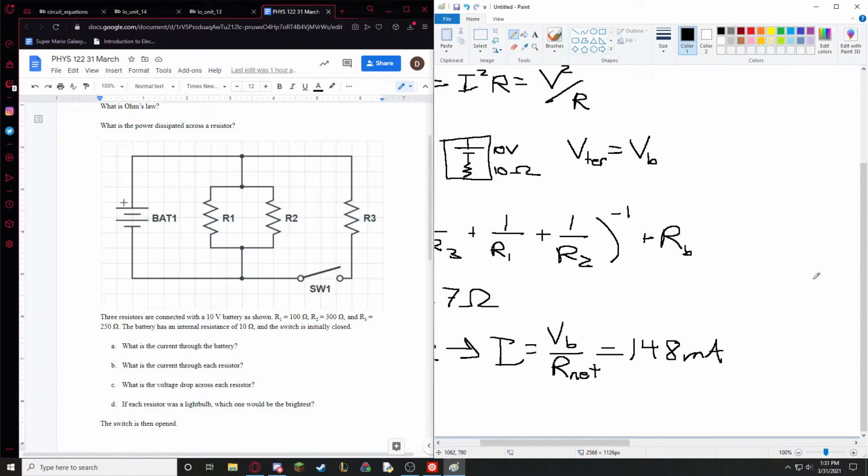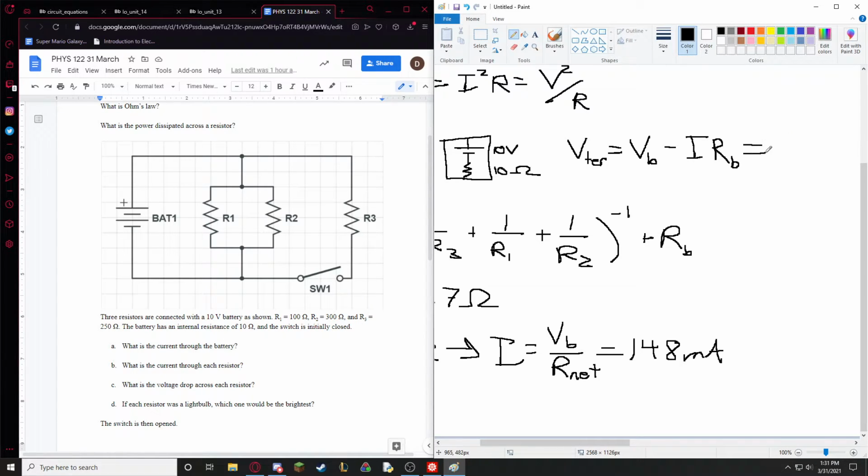So as David said, we take the ideal voltage of our battery, which is our 10 volts, and then we subtract the voltage being dissipated across our internal resistance, which is the current through the battery times the resistance within the battery.